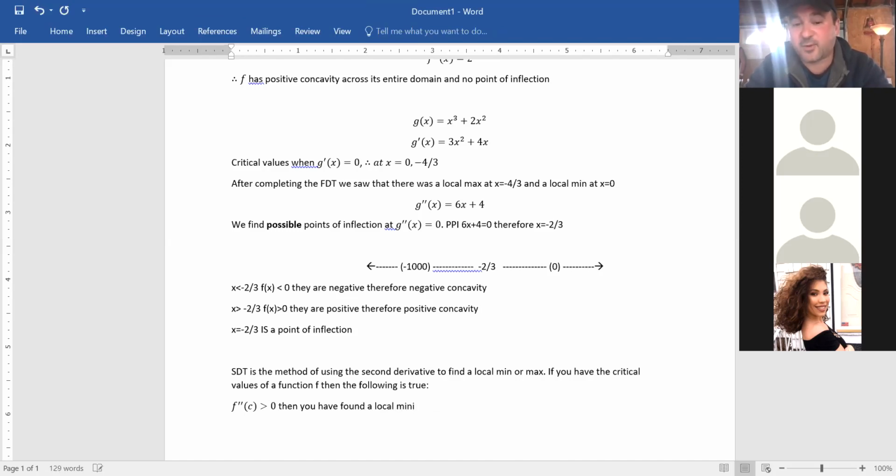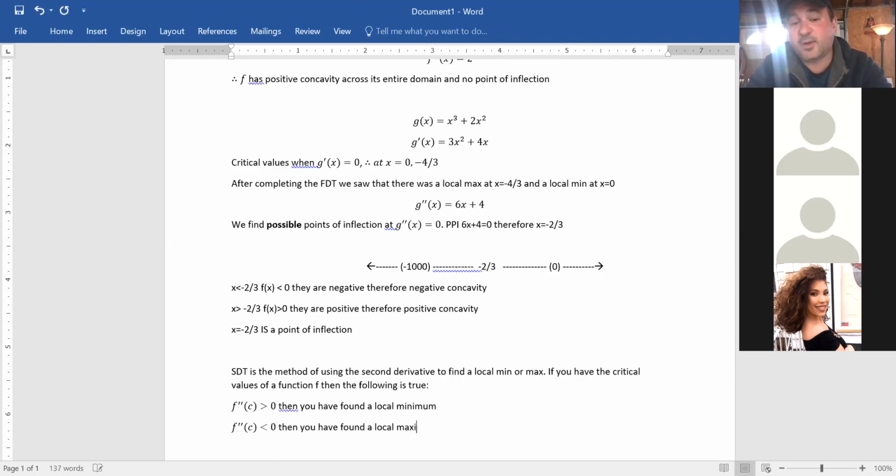It's actually opposite of what you may think. If it's greater than 0, we've found a minimum. And if it is less than 0, then you have found a local max.